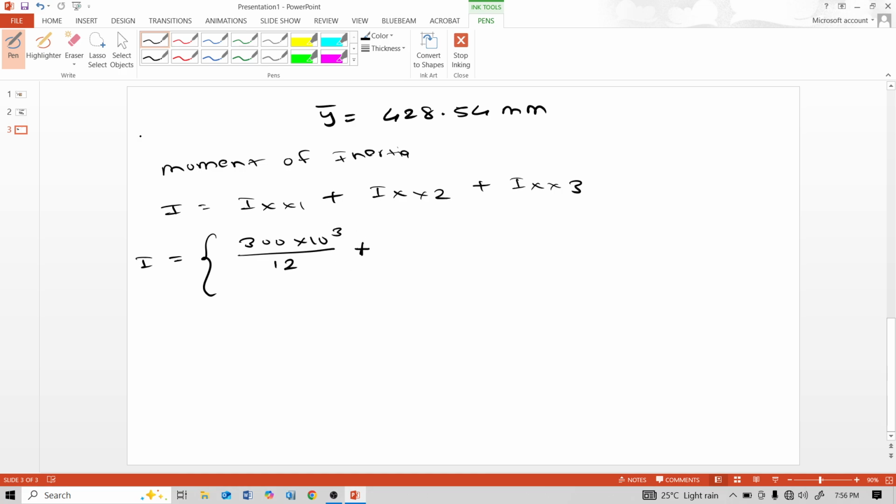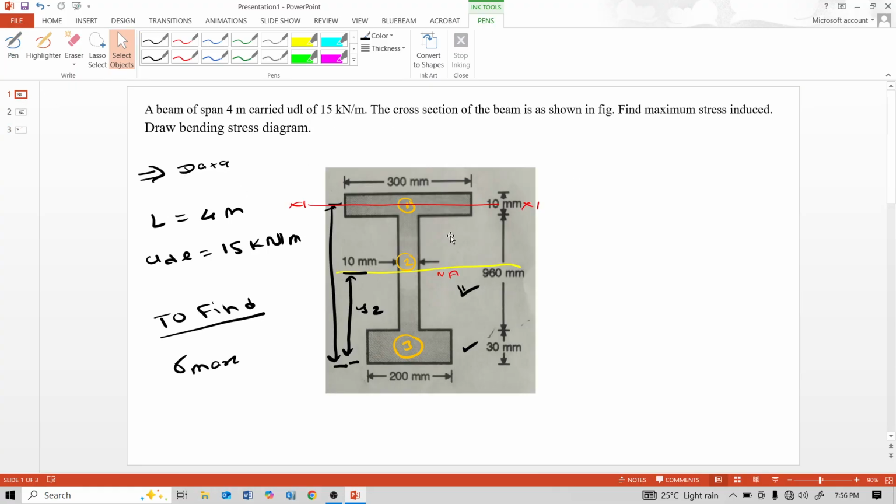Plus because of parallel axis theorem, because of consideration of this whole I section, this I section neutral axis is this from bottom 428.54 mm. So use parallel axis theorem for this.